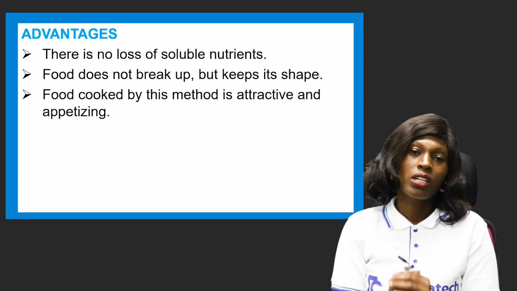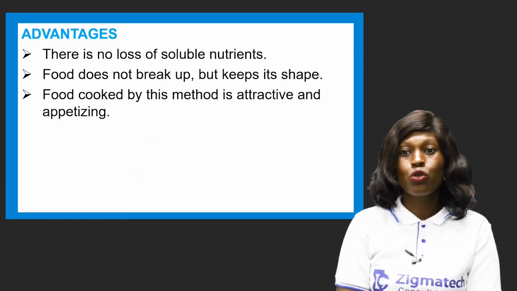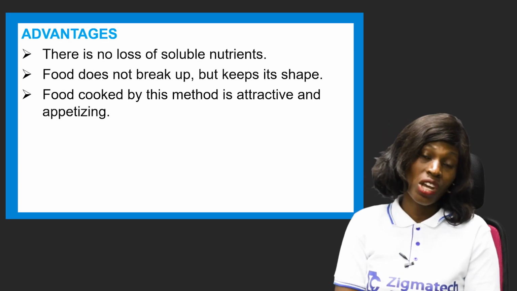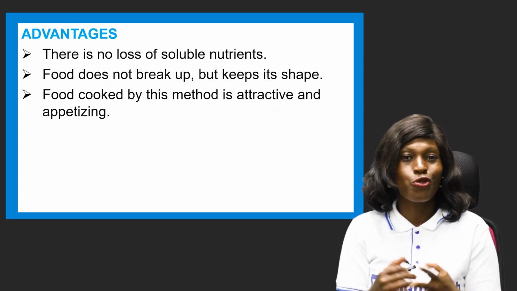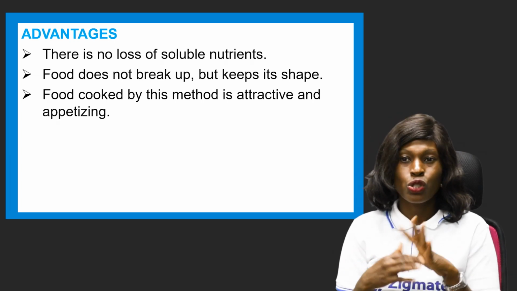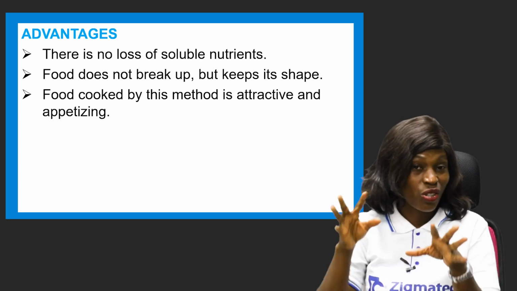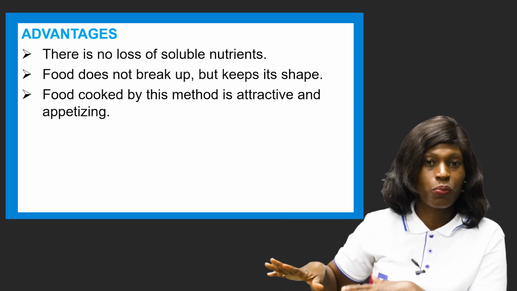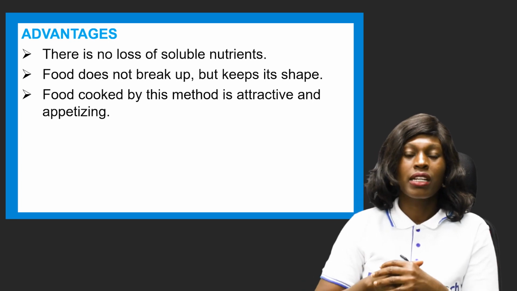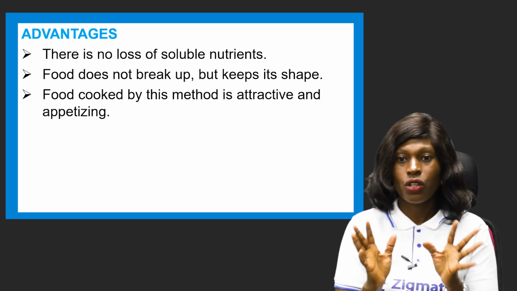Food does not break up but keeps its shape. It improves and looks beautiful. Food can break up when there are no proper mixtures, depending on what you're making, but when you do the right thing, it keeps its shape.